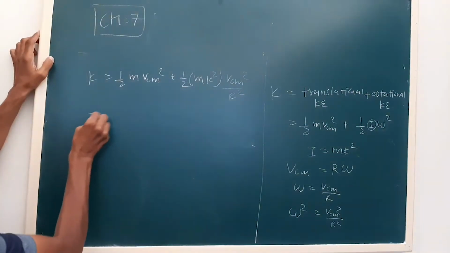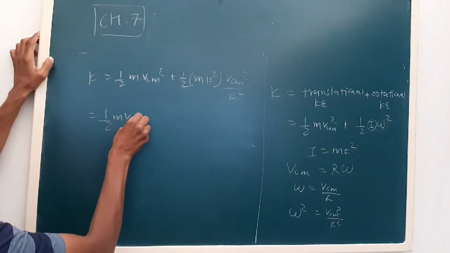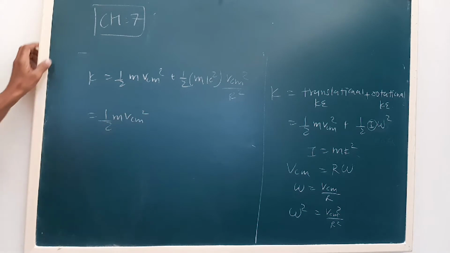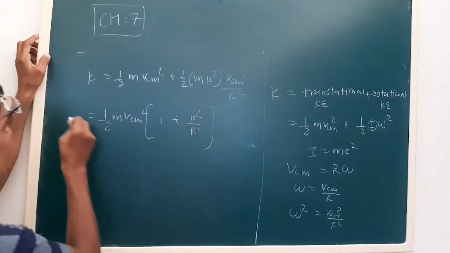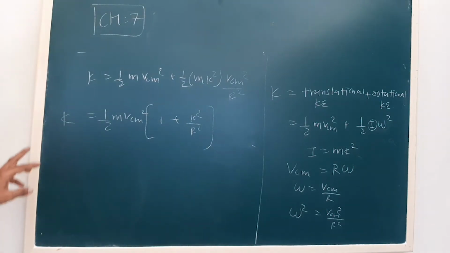So 1 by 2 m VCM square we can take common. See what is left: 1 plus k square by R square. The total kinetic energy is 1 by 2 m VCM square times that.